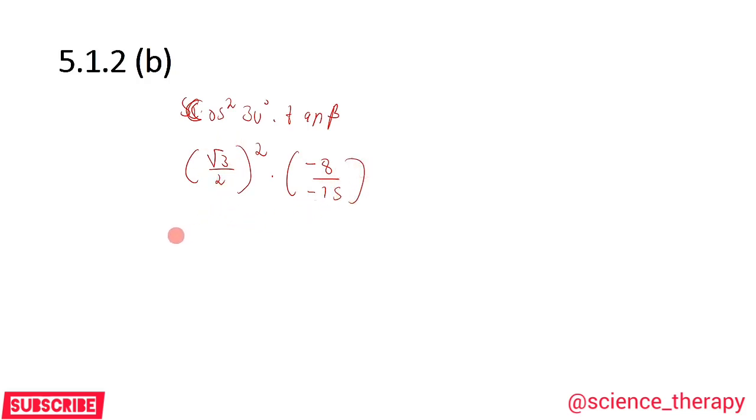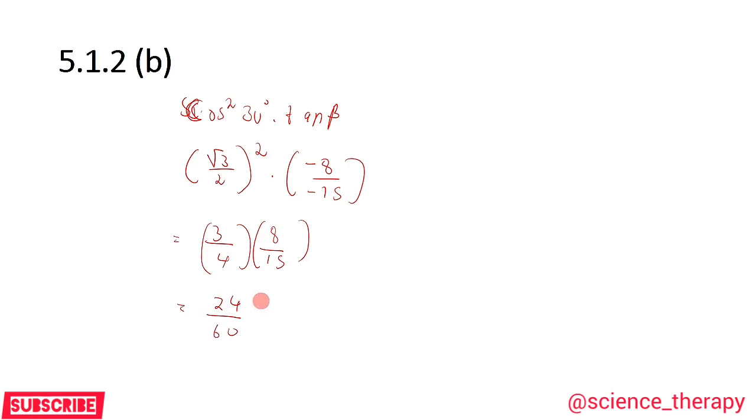Now, root 3 to the exponent of 2 will give us 3, and 2 to the exponent of 2 is 4, and then we have 8 over 15, right? Then calculating this, we have 3 times 8, which gives us 24, and 4 times 15 gives us 60.